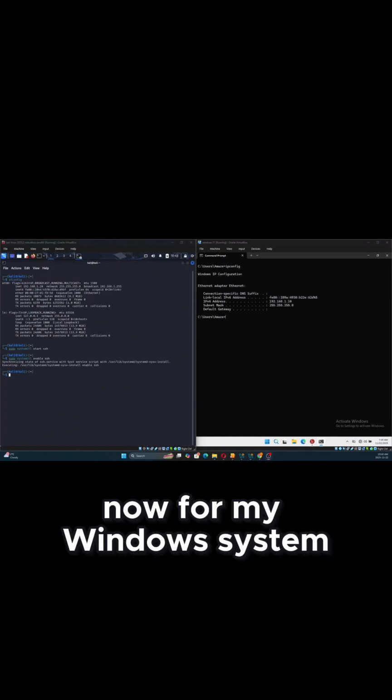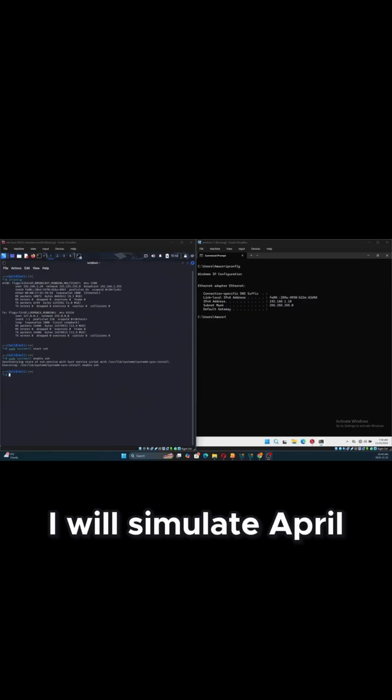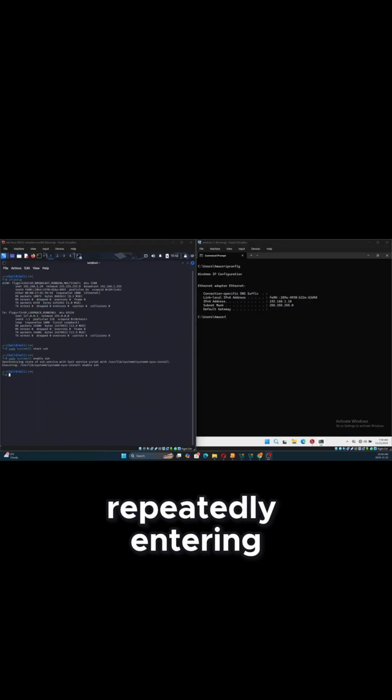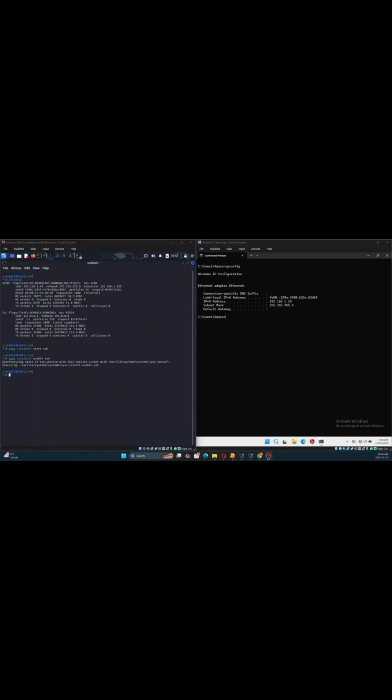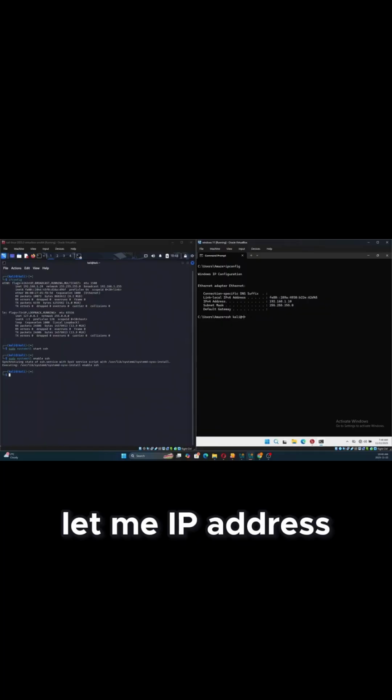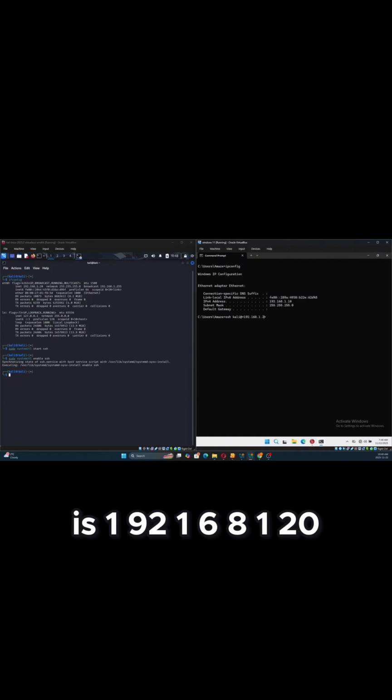Now, for my Windows system, I will simulate a brute force attack by repeatedly entering a wrong SSH password. So on my Windows, I'm going to put the Linux IP address right here, 192.168.120.